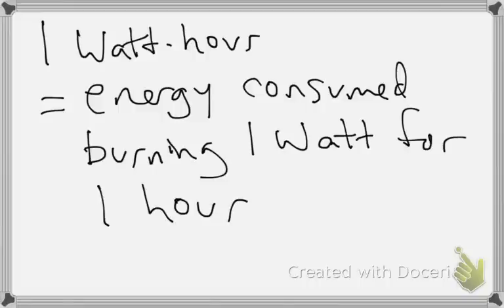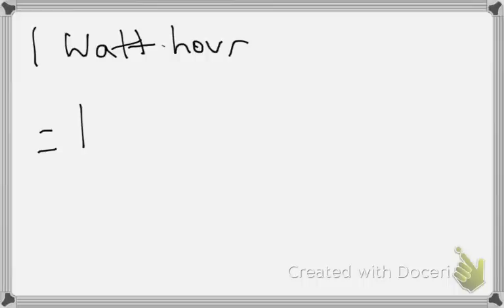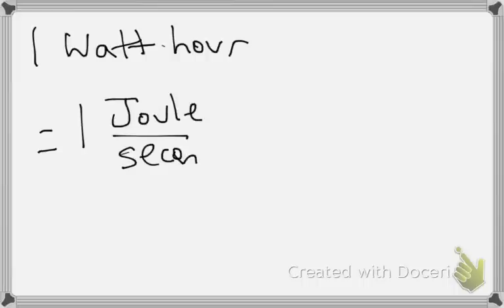Okay, so how do we figure out what that is? If 1 watt-hour, remember, is 1 joule per second, because that's what a watt is, times hour.